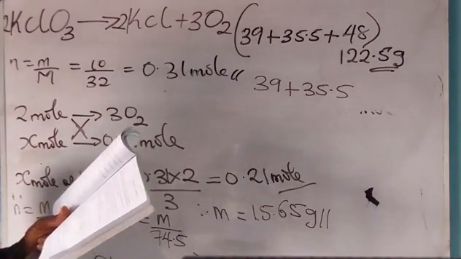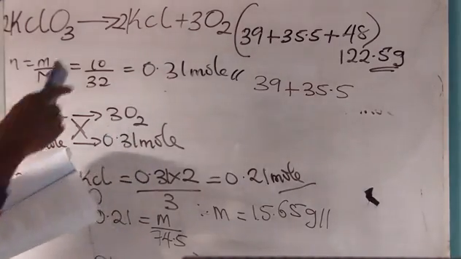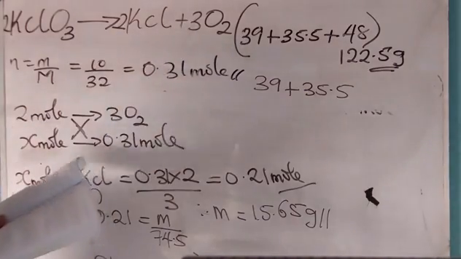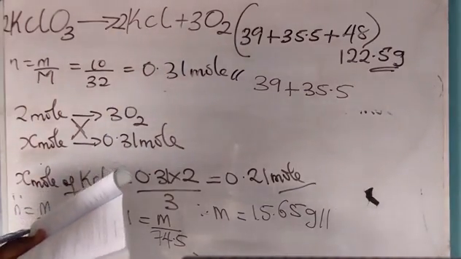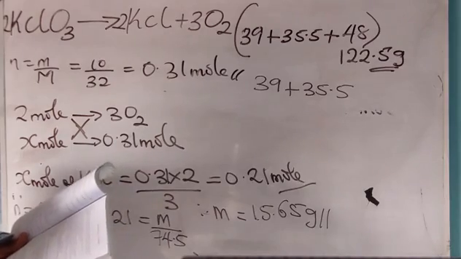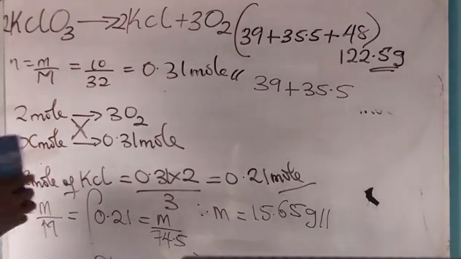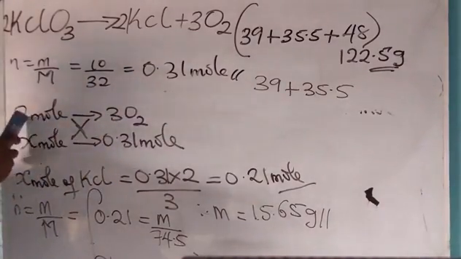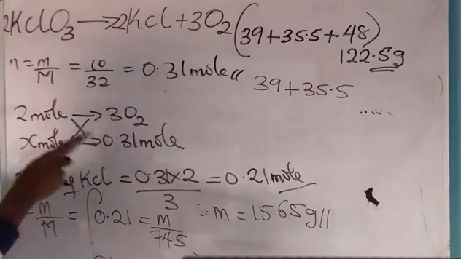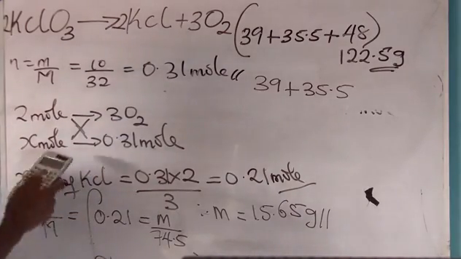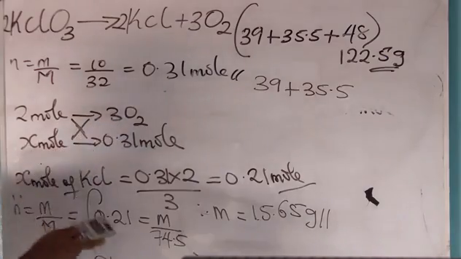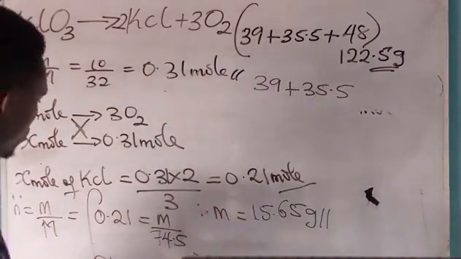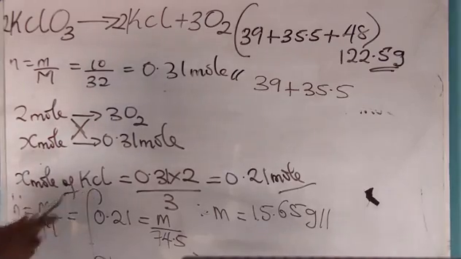So how many grams of potassium chloride? Alright, 2 moles produce 3, then X will produce, during the decomposition. So this is very correct. This times this, divided by this, you'll be having 0.21 mole of this.